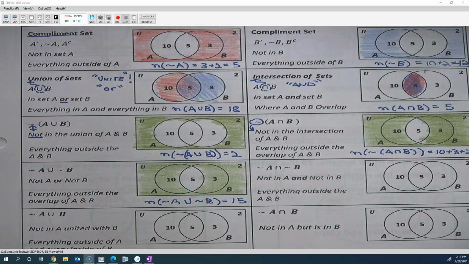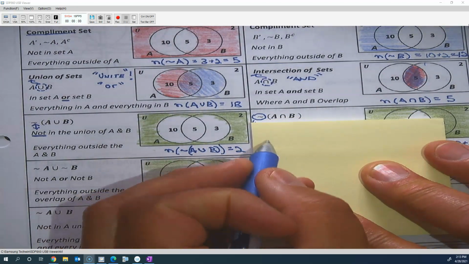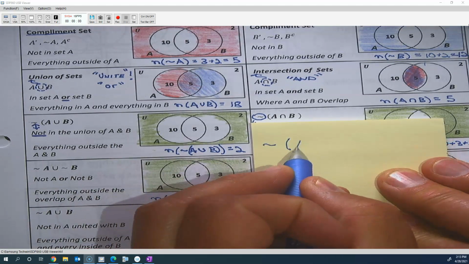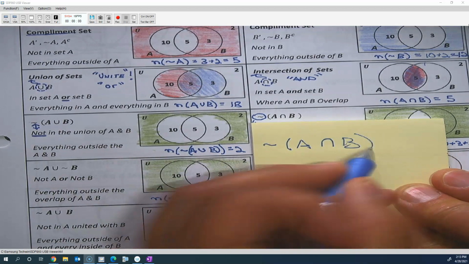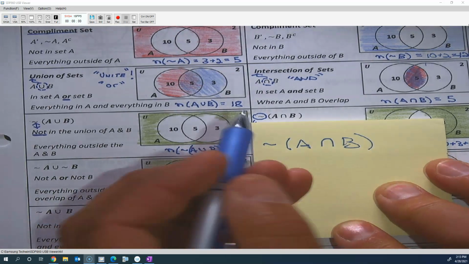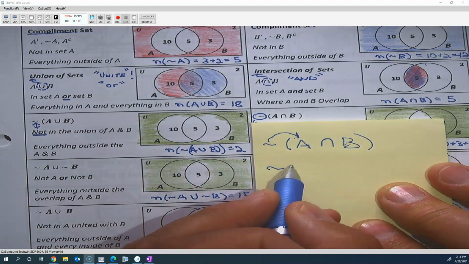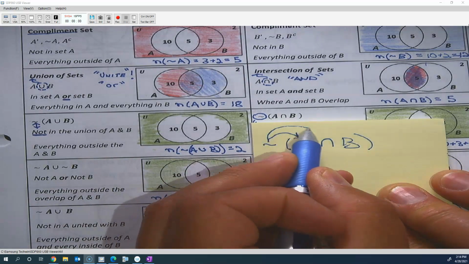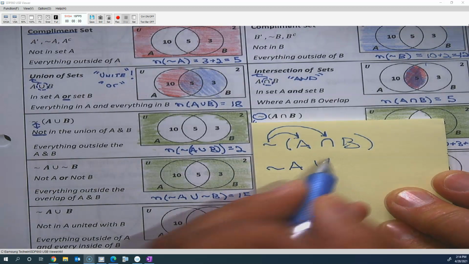Okay, and here's why. Think of that little squiggle like you're multiplying through a negative sign. So if I took the intersection of A and B and I negated it, watch what happens. If I distribute that through, sort of like a negative, that becomes not A. When you negate an intersection, it becomes a union.